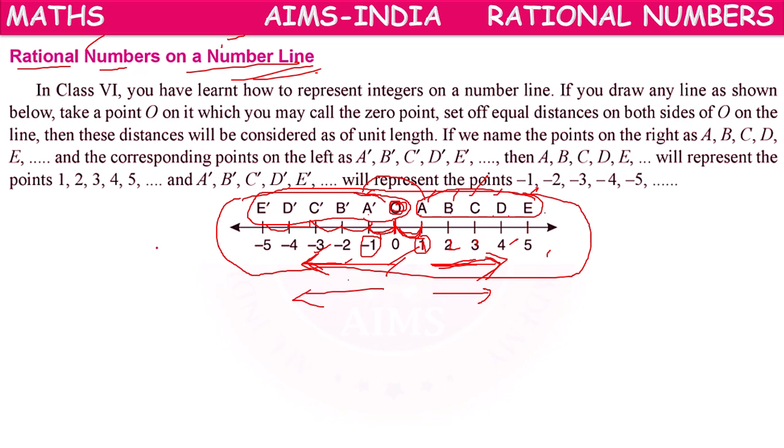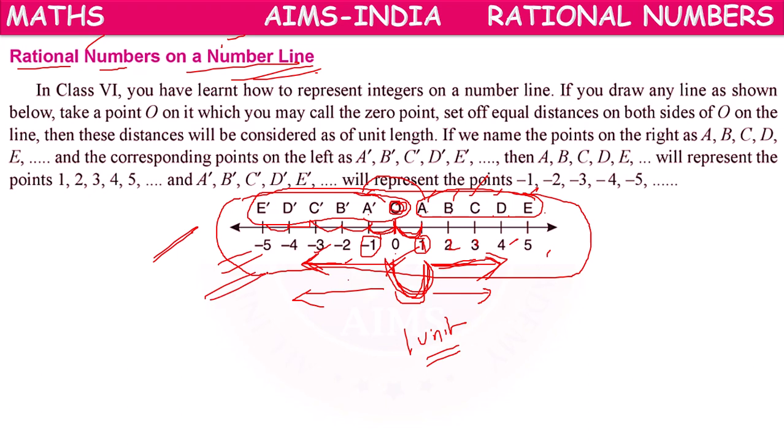Like that we can draw an integer number line and represent 0, positive integers and negative integers on the number line. About this we have learnt already. Here the point A is at a distance of 1 unit. Each corresponding point is located at a distance of 1 unit from its previous point. Like that we can draw the integer number line.